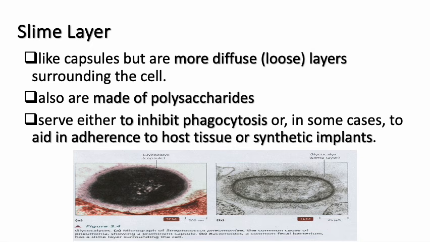As previously mentioned, the slime layer is just like a capsule but loosely attached to the cell wall. Okay? And it is much thinner. It is similar to the capsule as it is also made out of polysaccharide, and it also serves to inhibit phagocytosis and helps your bacteria adhere to the host tissue or to synthetic implants.